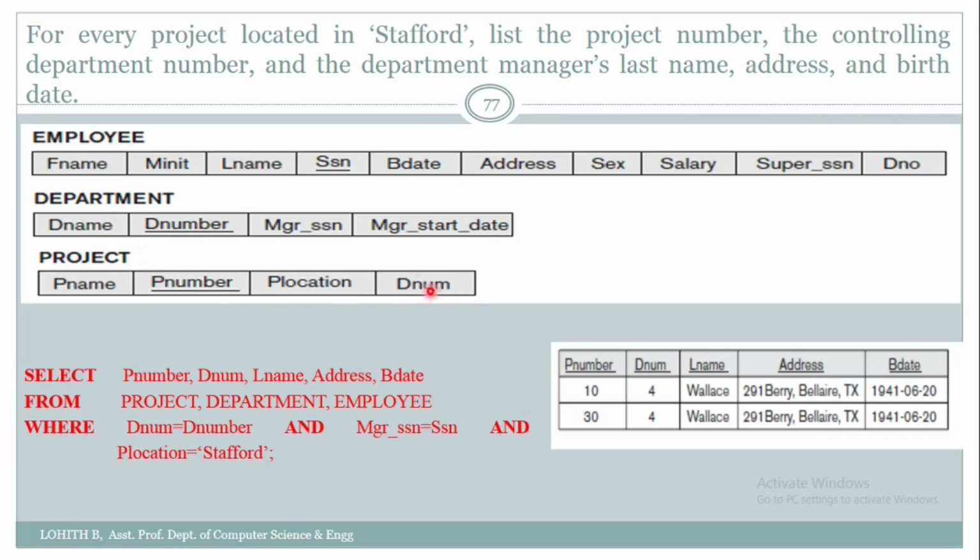That is D num is equal to D number. This is the join condition for project and department. And how would you join employee and department? Based on the information about the manager, so MGR SSN is equal to SSN, and project location is equal to Stafford.